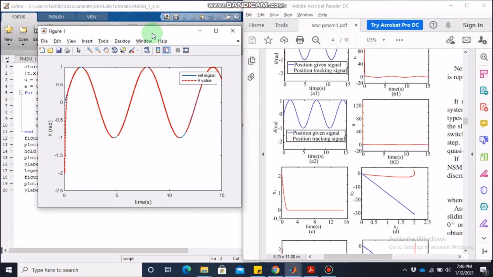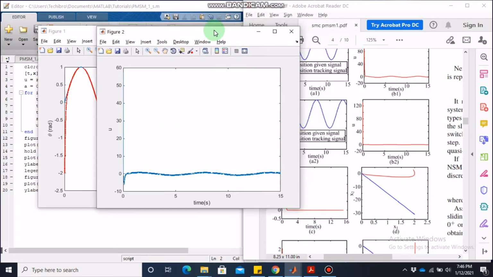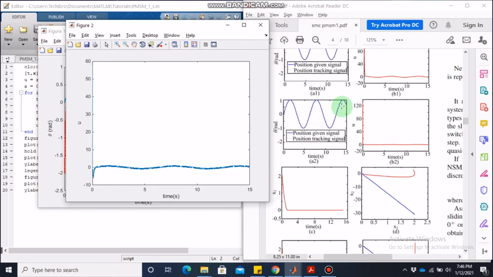And if you go to the other figure 2, this is the control law, which is a little bit different. I don't know why their control law is going up to 120 and coming back to nearly 0. Our control law here is doing almost the same thing, but it is not going up to 120. It's just going up until 60 and coming back.